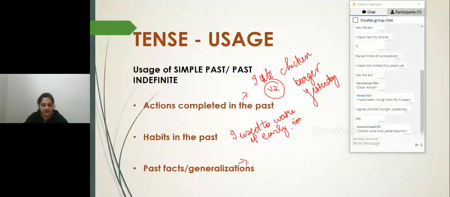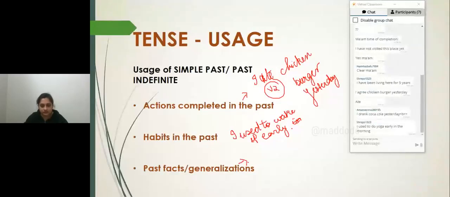Past facts or generalizations. Now, guys, how do we use this for past facts? You would have heard it in normal sentences. That time we used to. Those were the times when we used to. Those were the times when elders were respected.